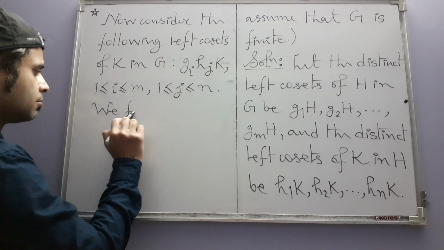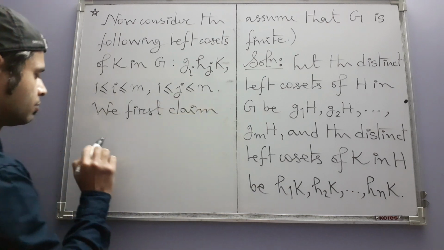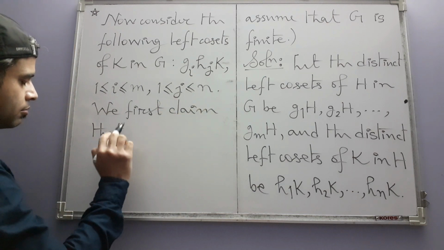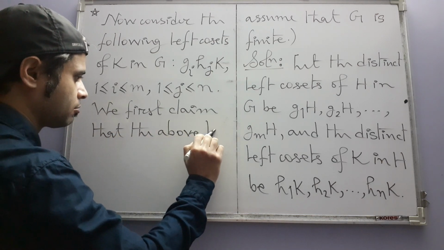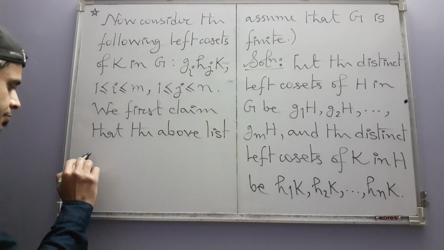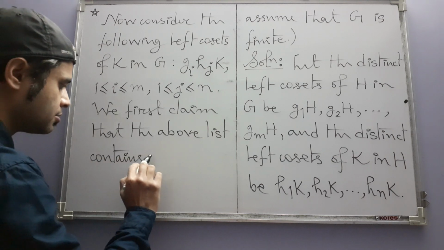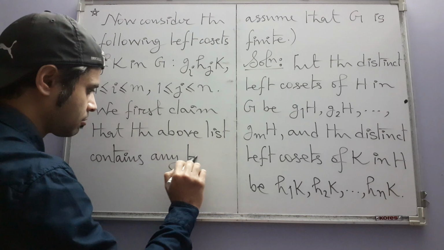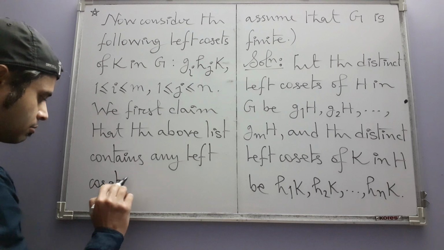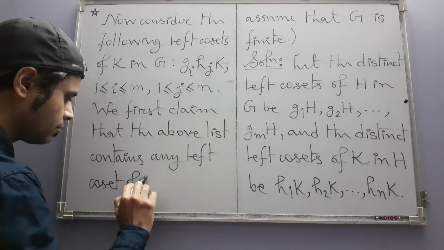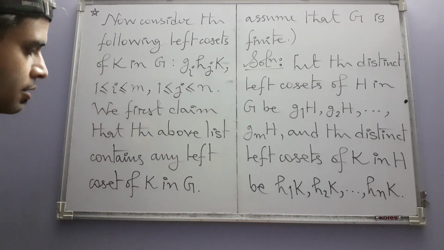We first claim that the above list contains any left coset of K in G. Now we need to prove this first claim.